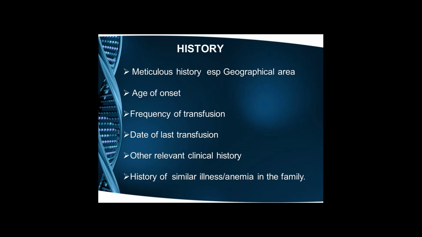Suppose a patient is sickle cell homozygous and has had a transfusion just a couple of days ago, and we do an HPLC or electrophoresis: the amount of HbA will be very high and will interfere with the actual reading of that patient's condition. I have seen many cases in which a false diagnosis of sickle cell trait was given in place of homozygous, because the last transfusion was not taken into account.